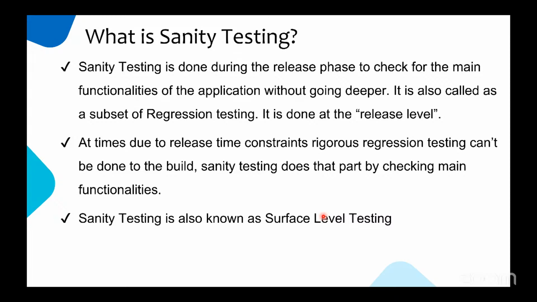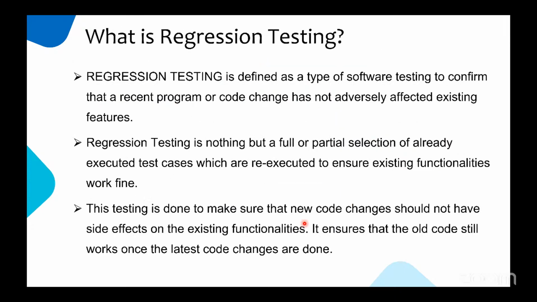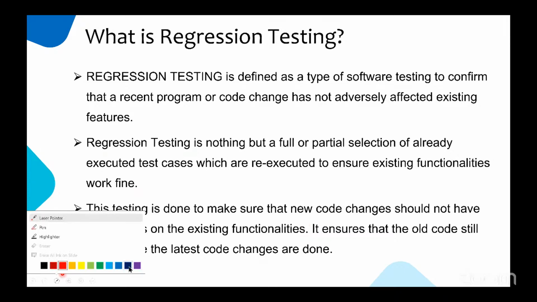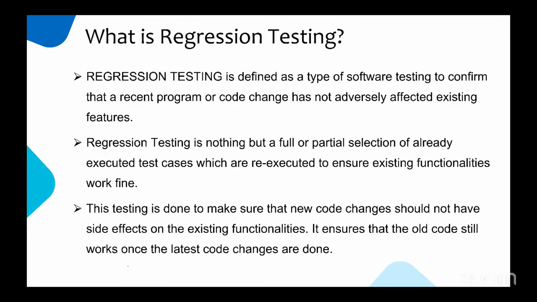Instead of testing the entire application, we test what is developed and the requirements which had some issues, those functionalities. And then comes regression. Regression means you made changes in the code, and due to those changes, you test whether the entire application is affected or not.